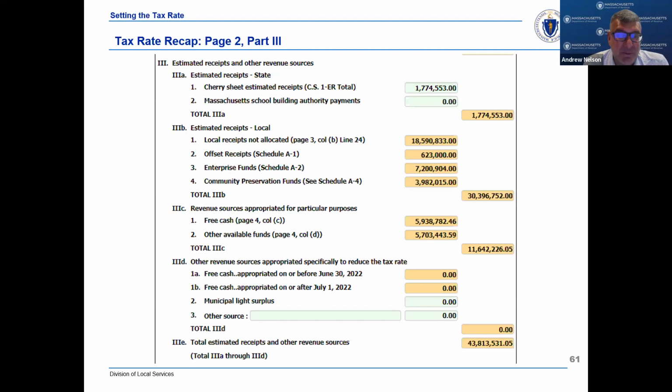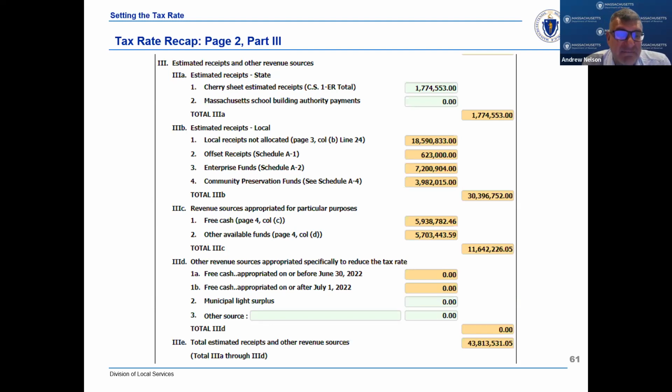Then it goes on line 1A. If you voted it from money that was certified in the fall, that you might have voted at a fall town meeting, then it goes on line 1B. If you have a Muni Light plan that gives you money, you accept money from them, they vote money in lieu of tax or something like that to help reduce the tax rate, it would go here. If you have some other source of money, if you voted stabilization or something to reduce the tax rate, it would go on the other source line.